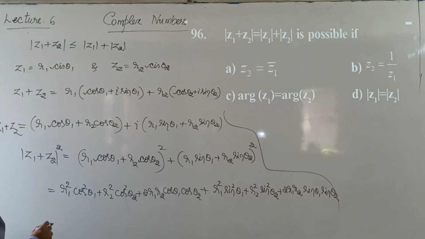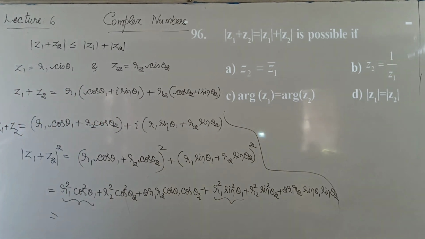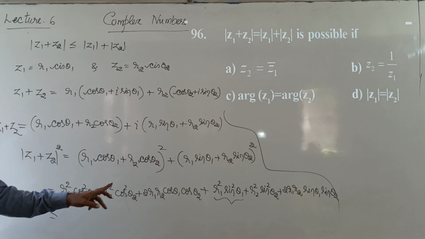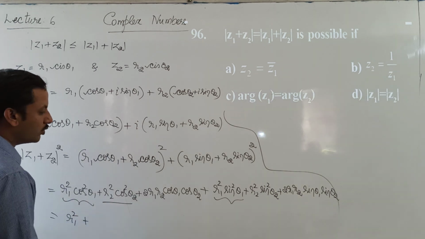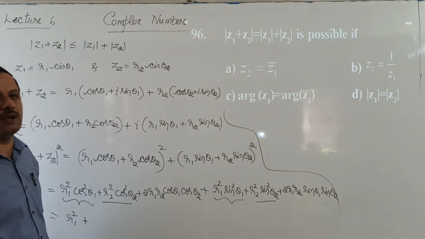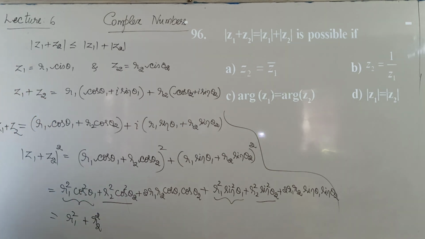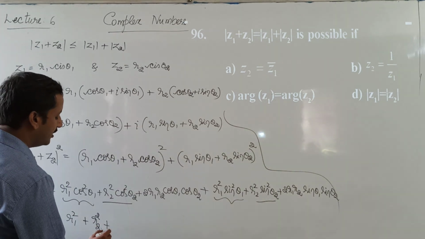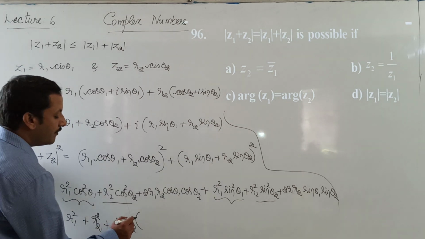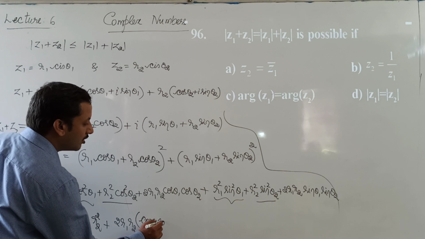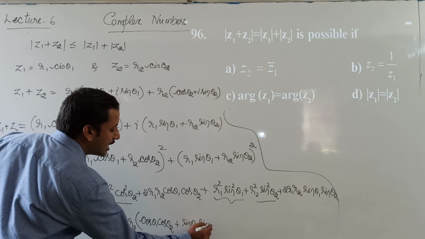Now I'll group these. Taking r1 square common, cos square theta 1 plus sin square theta 1 is 1, so r1 square. Taking r2 square common, cos square theta 2 plus sin square theta 2 is 1. From the remaining two terms I take 2 r1 r2 common, and we are left with cos theta 1 cos theta 2 plus sin theta 1 sin theta 2.